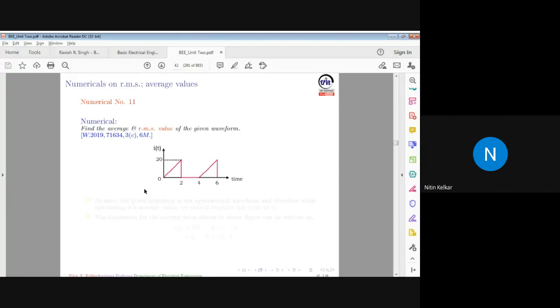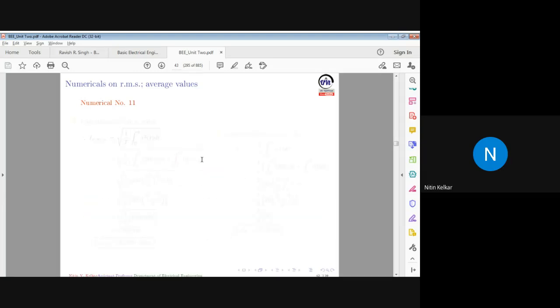That means the value of c for a time period of 0 to 2 is equal to 0. So can you determine how much is the slope of this particular line segment from 0 to 2? 10.